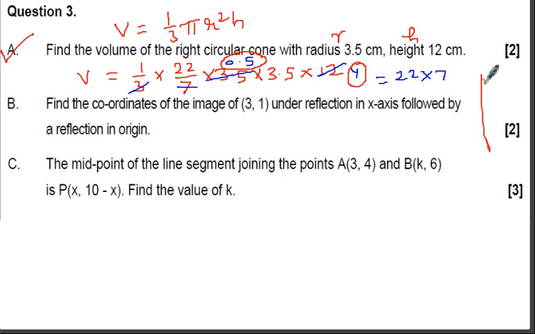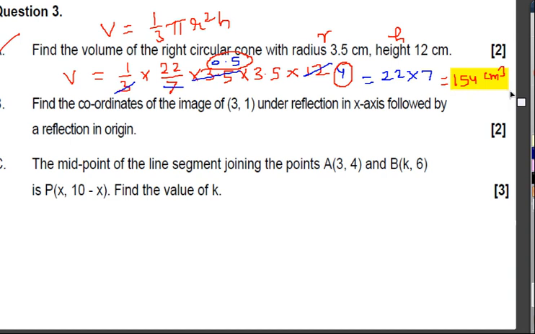Make a habit of doing rough work in your notebook, so you will not get a wrong answer, because it is not an MCQ, so you will not get a choice when it goes wrong. So the correct answer is 154 centimeter cube, because it is volume.